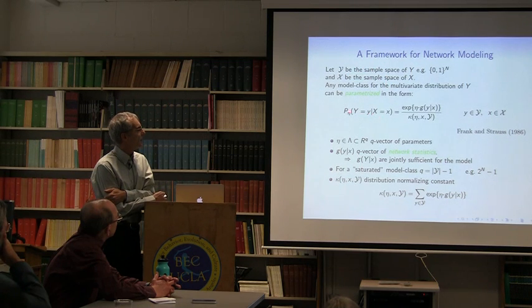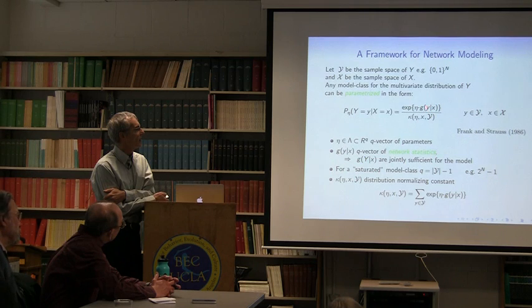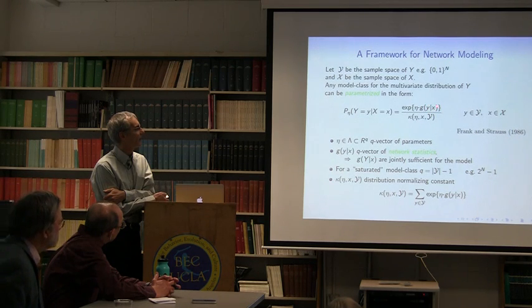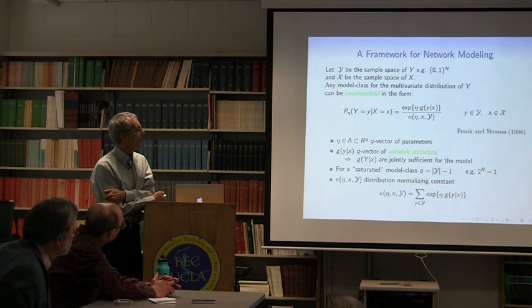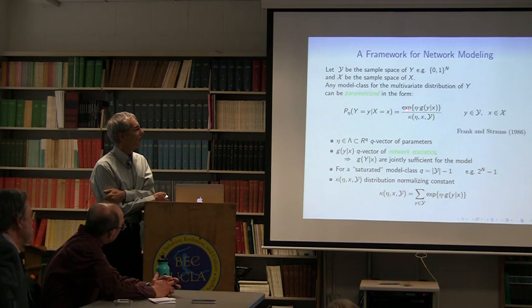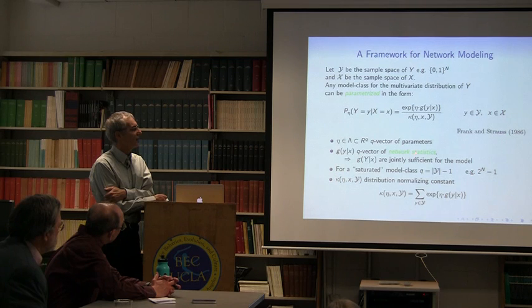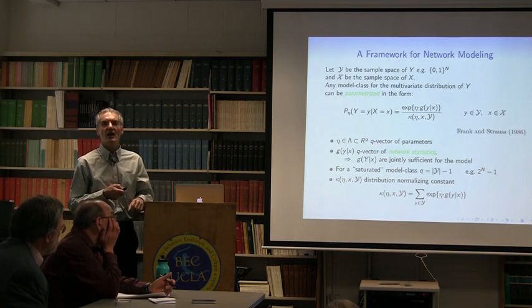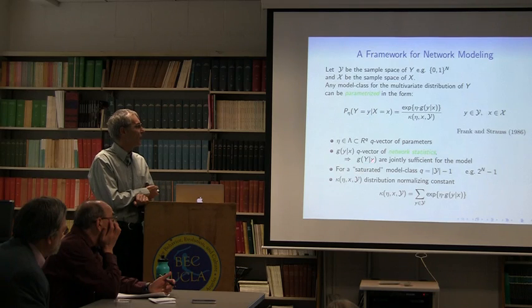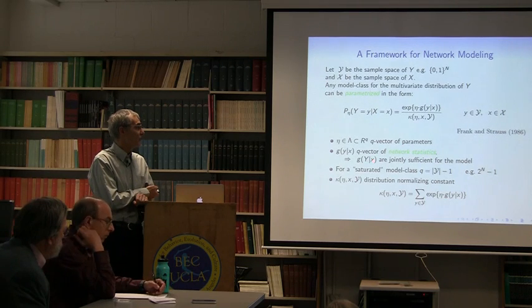The core idea is to represent the conditional relationship of Y, the relations, given the attributes, parameterized in the following form, where it's e to the eta multiplied by some set of network statistics g, which depend upon the data, conditional upon X. So the core idea is we represent the entire multivariate structure of Y given X, i.e. the relations given the attributes, by this exponent of this linear function. So g is some form of network statistics, by which we mean some mathematical function of the relational information, but it might also depend upon the attributes, and typically does.